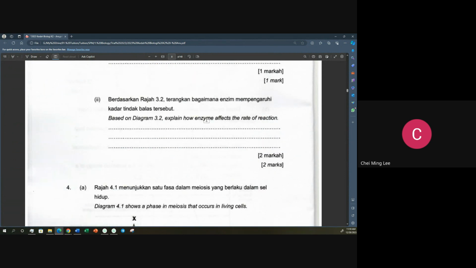How does an enzyme affect the rate of reaction? First, it reduces the activation energy of the reaction. Second, it helps to speed up the reaction. Two marks.